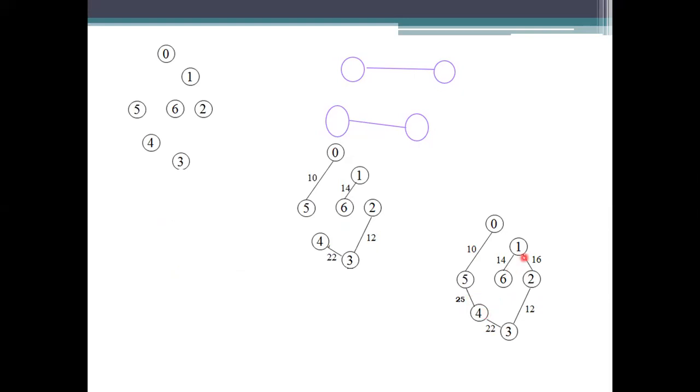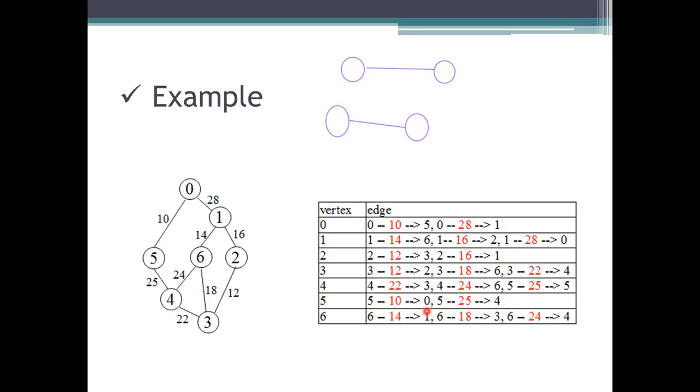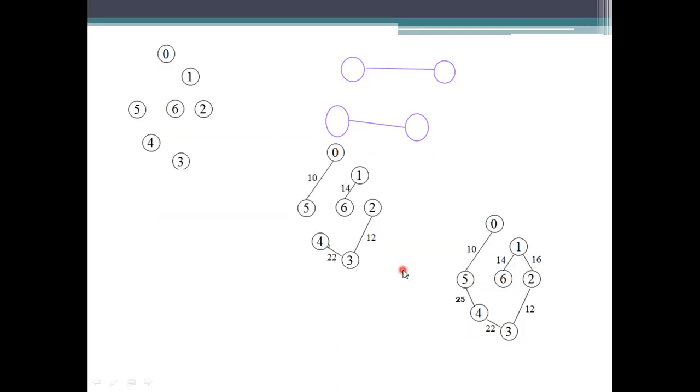We traverse it from this to this, and it is forming a cycle. We need to discard that edge also. And the remaining edge is 25, which is this one. And coming to the next one, 5. The 5 to 0 is there, but 5 to 0 has been considered at the initial state only. So the first chosen one is a 0.